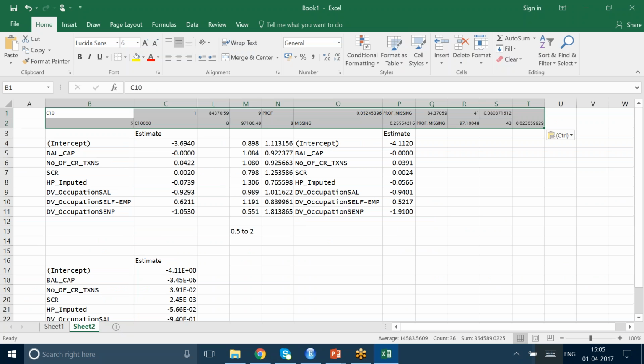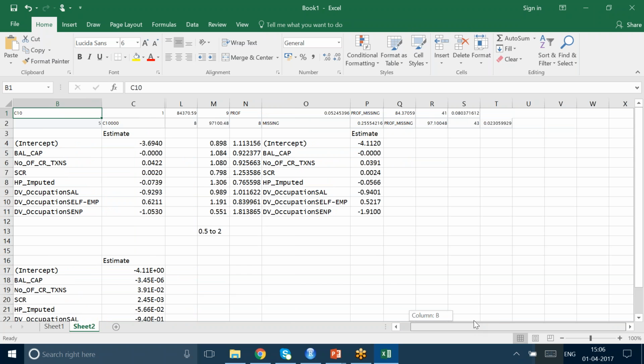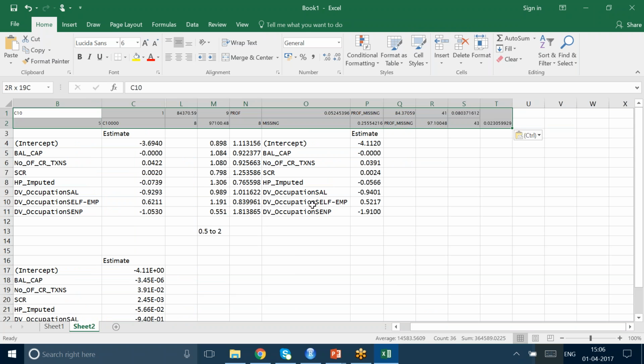Let me paste the values of these two rows here. All the values have not come. Rather than doing that, let me put it in a simple way.